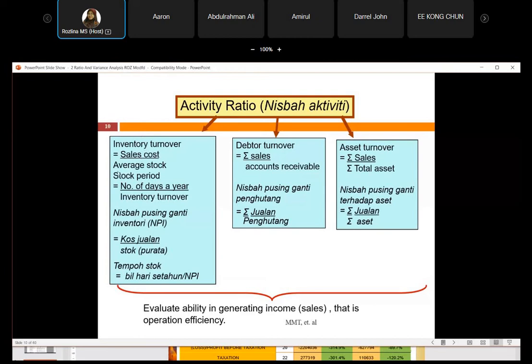Divide by average stock. Average stock means start stock plus end stock, divided by 2. We will have a small example later. This one evaluates the ability to generate income.